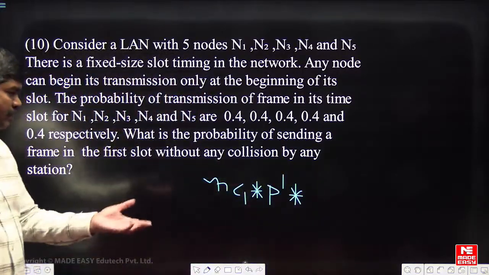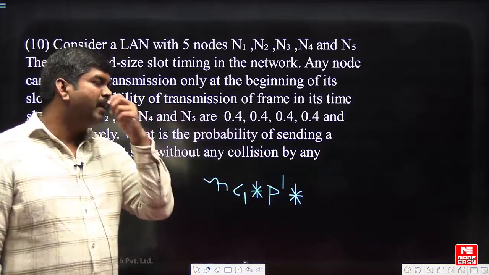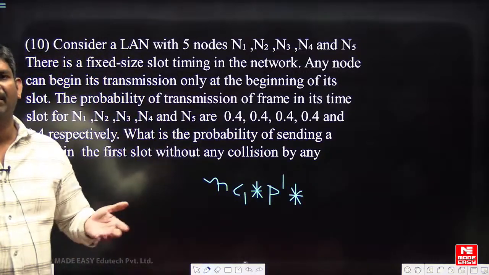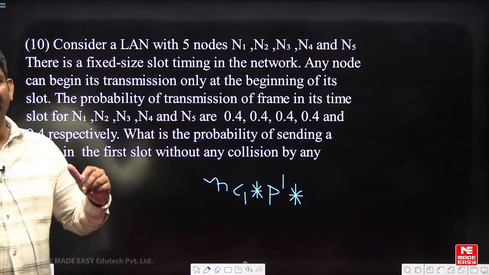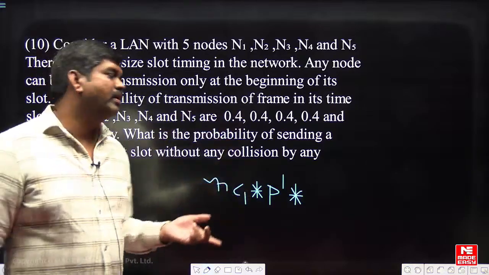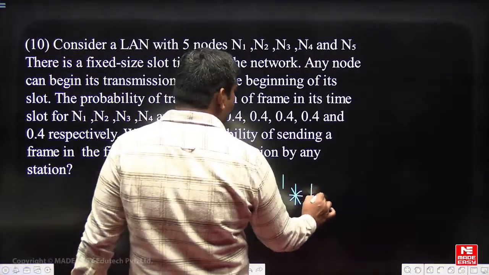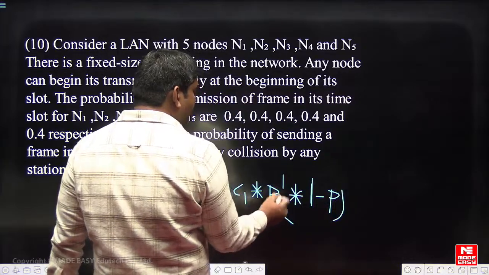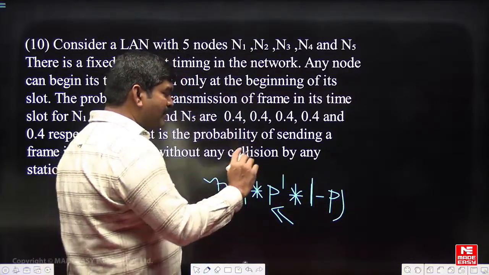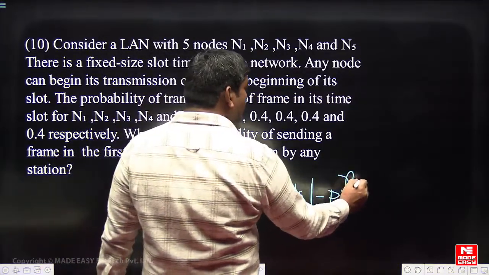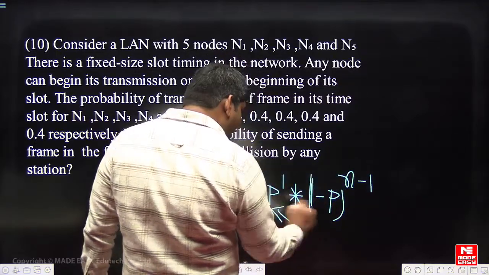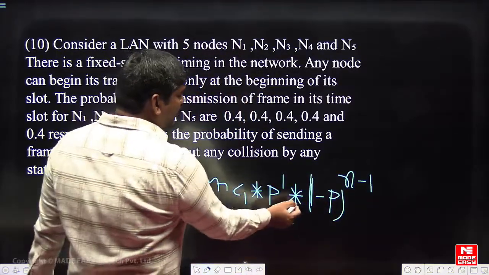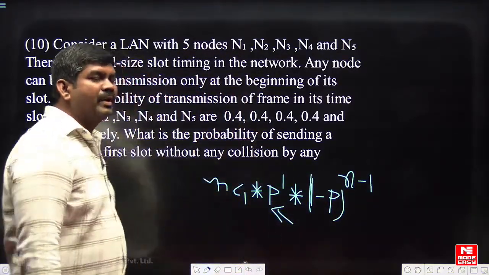Because if only one station is sending and all the remaining stations defer, then only there won't be any collision, then only the data is going to safely reach the destination. So, when a particular station is transmitting with the probability P, only one station, then the remaining n minus 1 should not transmit. That is why here the next term means the remaining stations should not transmit.